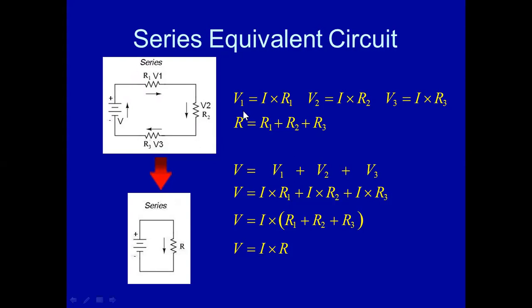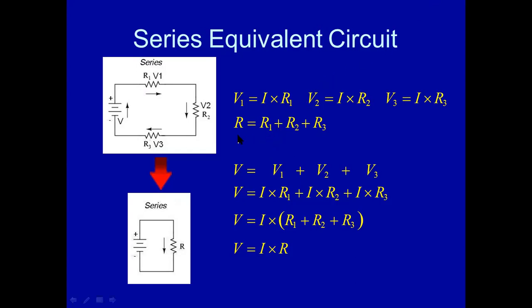So if we get the individual voltage on this side as V1 and R1, V1 would be equal to the total current multiplied by the value of resistance here, and so on. For individual voltages, I repeat, each individual voltage is equal to the total current multiplied by the respective individual value of their resistances. Okay.